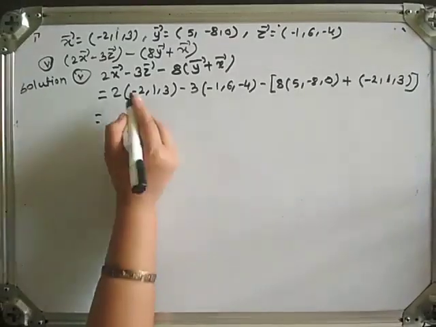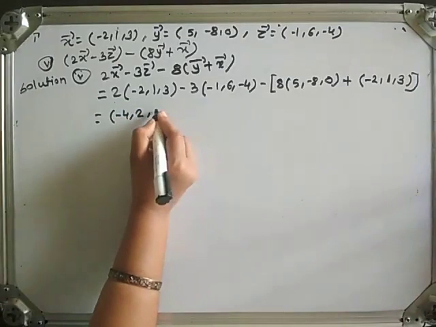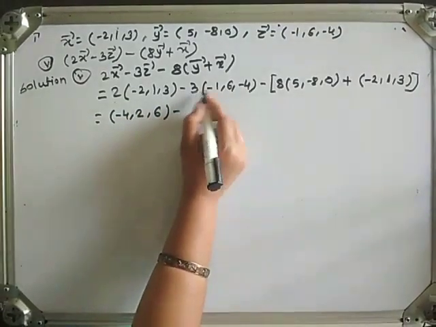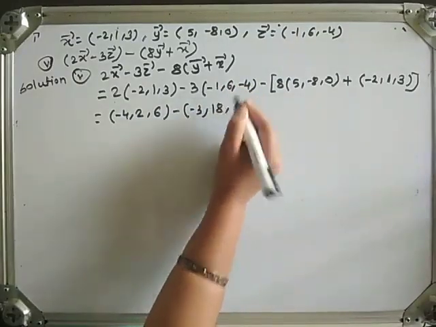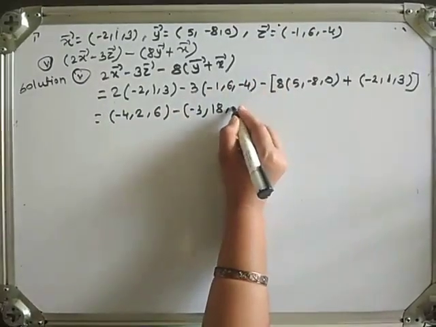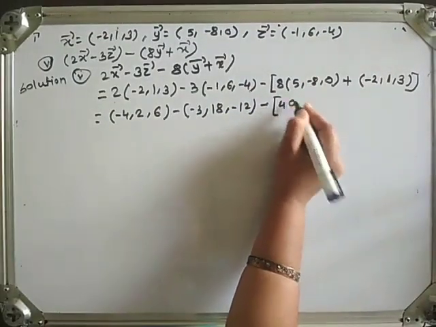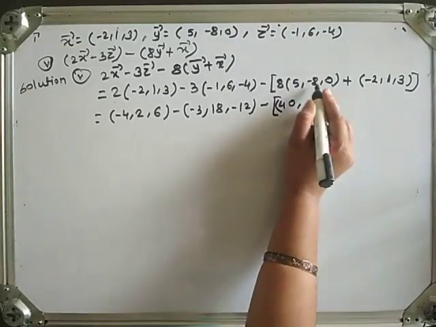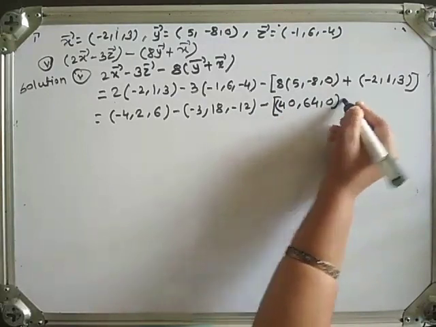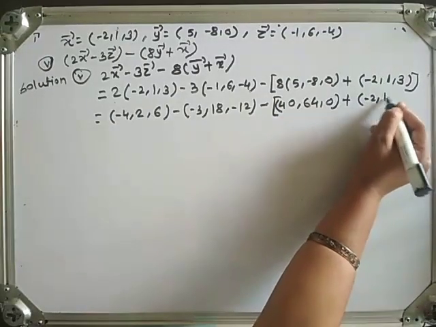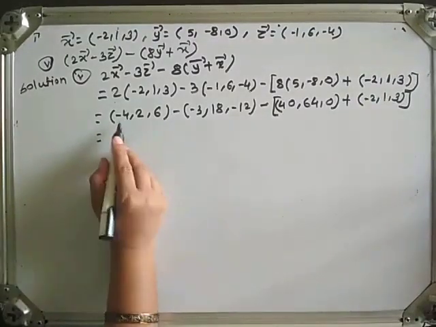Which is equal to 2 into minus 2 is minus 4, 2, 6, minus 3 into minus 1 is 3, 6 into 3 is 18, minus 4 into 3 is minus 12, minus 8 into 5 is 40, minus 8 into 8 is 64, 0, plus minus 2, 1, 3.